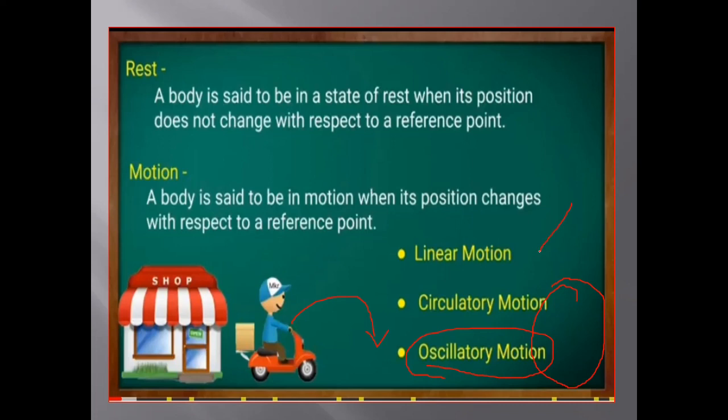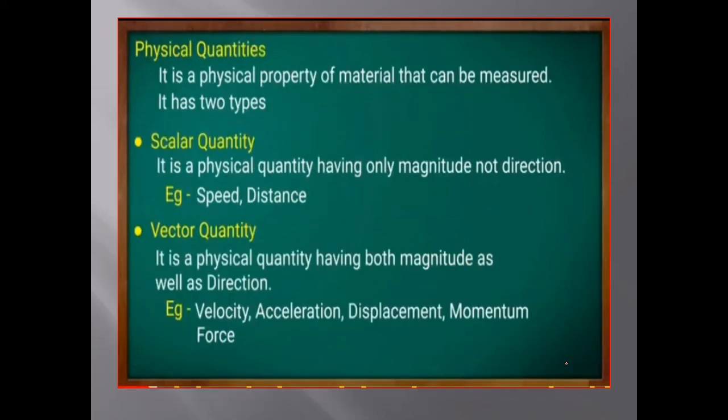If I consider a pendulum bob, then that bob will move to and fro. This is the mean position of the pendulum bob, and the oscillation of this pendulum bob gives an example of oscillatory motion.